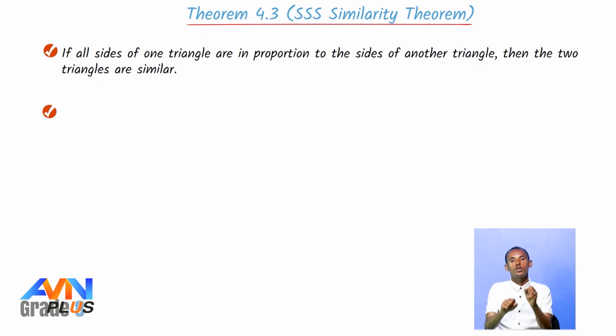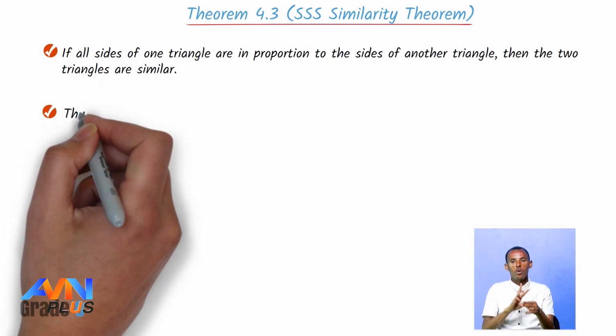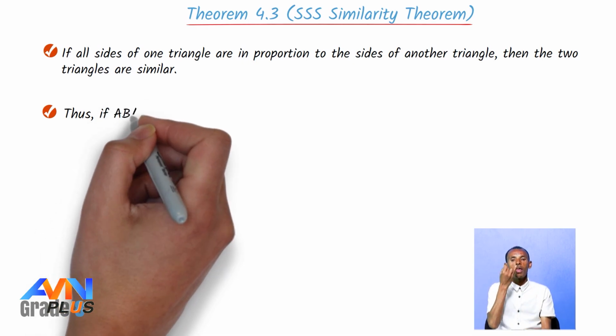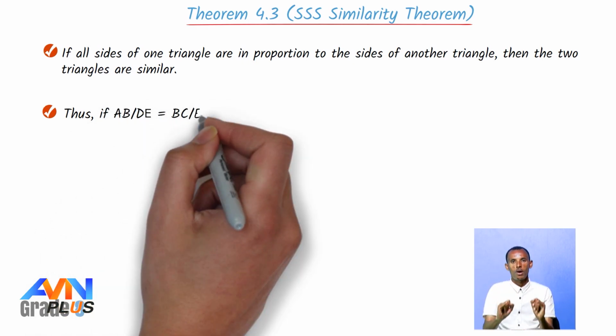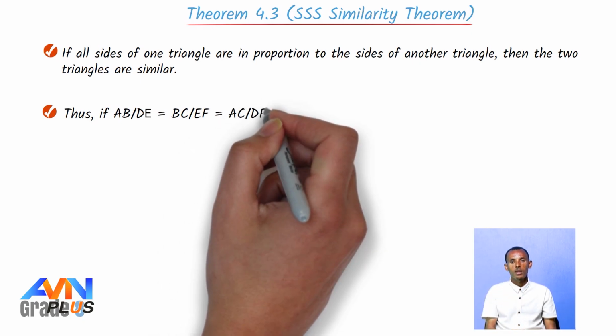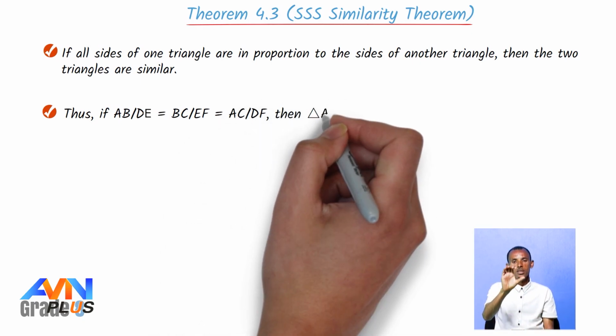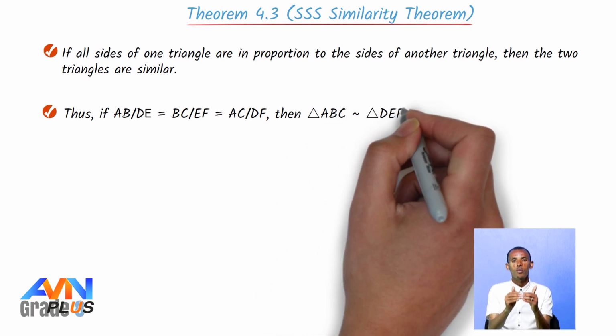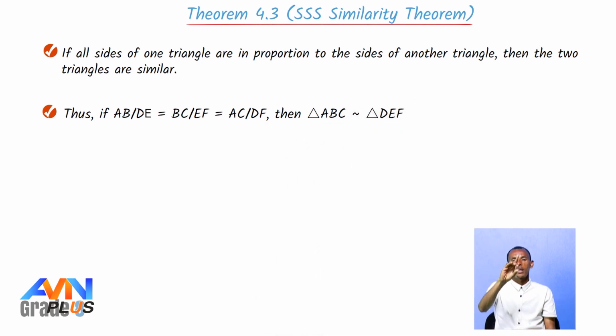So shortly, we can say that if AB over DE is the same as BC over EF and AC over DF, okay? Here we can see the ratio of three corresponding sides of a triangle. If this is true, then we can conclude that triangle ABC is similar to triangle DEF.